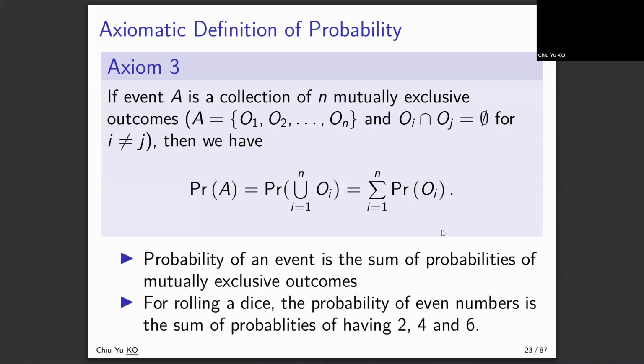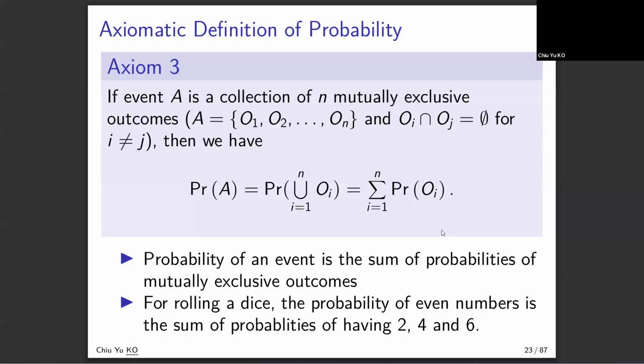Then the probability of that event will be the sum of all the outcomes. The whole is the sum of its parts, right? The probability of an even number is the probability of 2, plus the probability of 4, plus the probability of 6. The three of them added together must be the same as the probability of an even number.